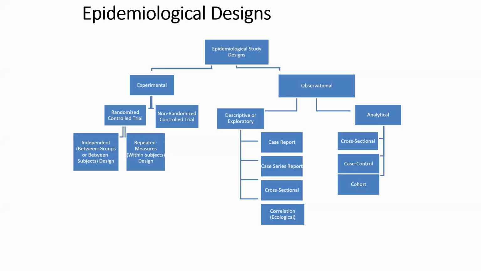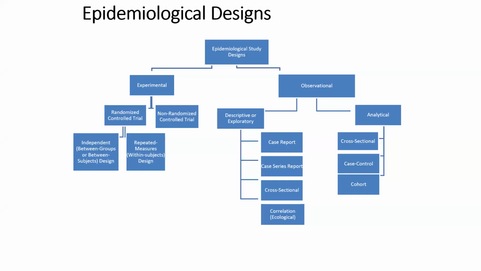You observe for outcomes of interest. In this case, the outcome of interest is lung cancer. So you observe for the development of lung cancer in both cohorts.